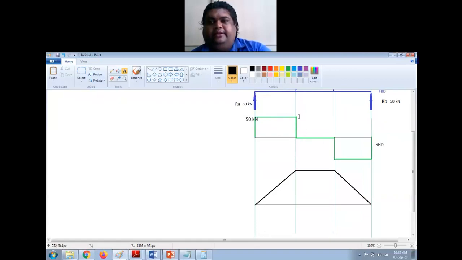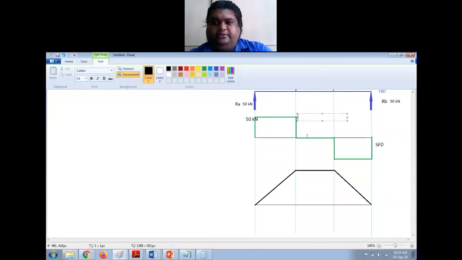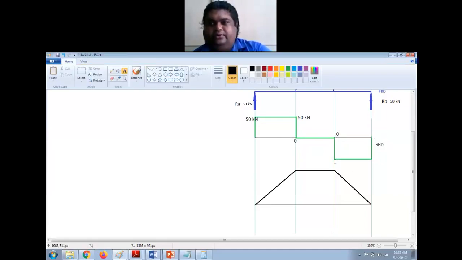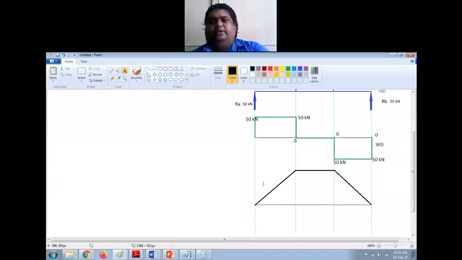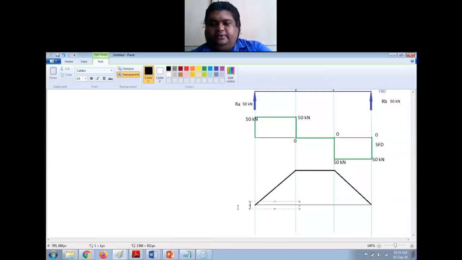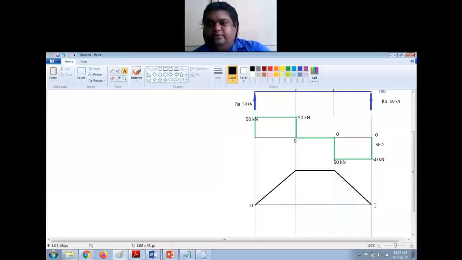Again here it is 50 kilonewton. Here it is 0. Here also it is 0. Here it is 50 kilonewton. Here also it is 50 kilonewton. And again it becomes 0. And here it is 0. This is 0.